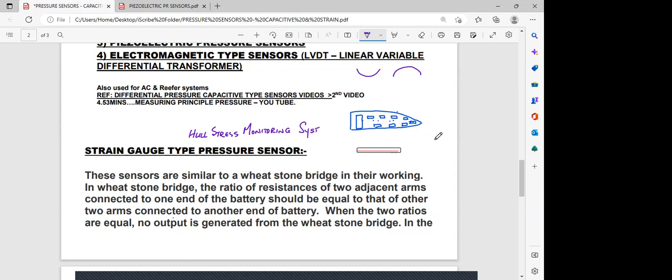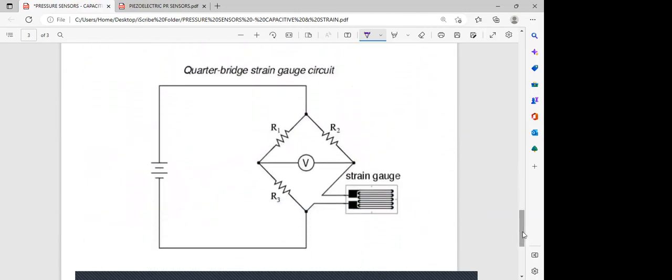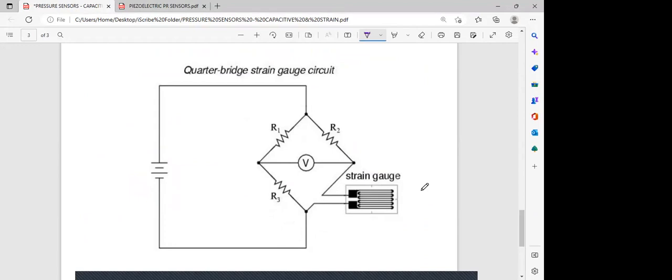Now, how does this thing work? How does this strain gauge work? We said it is using the Wheatstone bridge configuration. And everybody knows that you're going to have 4 resistors. If all the 4 resistors are equal in every respect and you put a power supply to that Wheatstone bridge, then you are not going to get any current flow over here.